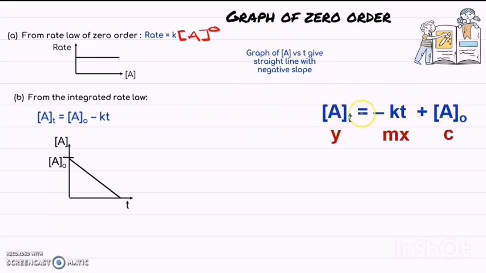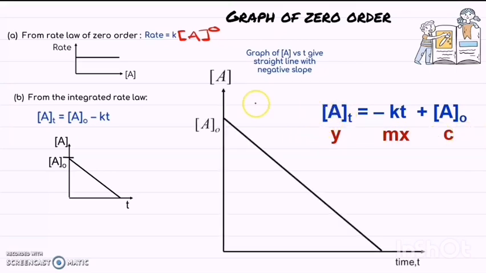I rearranged the integrated rate equation so that we can relate it with y equal to mx plus c. So our y-axis is At or A, while our x-axis is t. Our y-intercept, c here, is A naught, which is the initial concentration. So when we plot graph A versus t, we will have a straight line with negative slope.